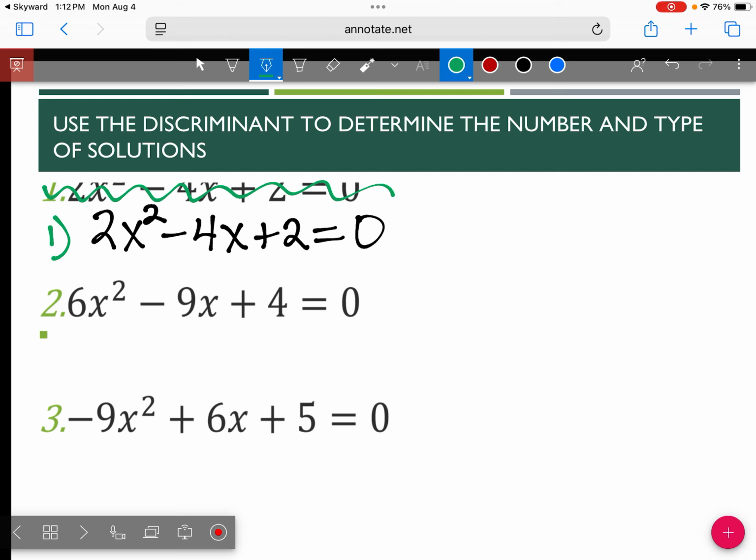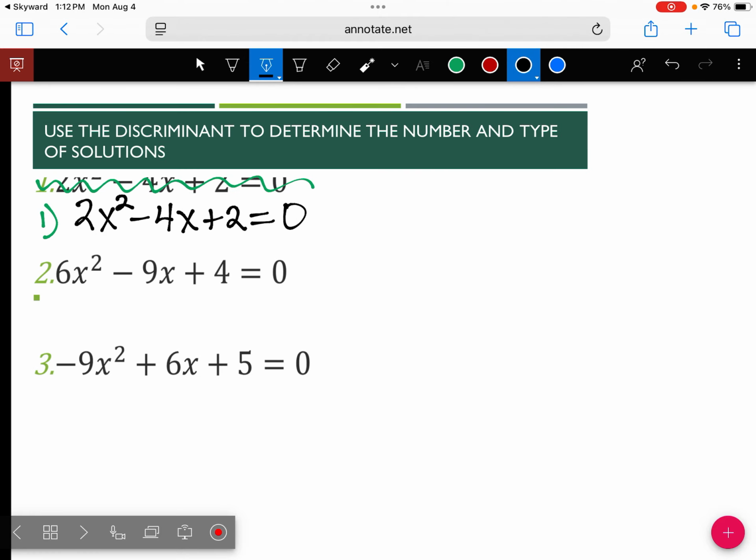So we're going to do 2x squared minus 4x plus 2. And remember, the discriminant is simply b squared minus 4ac. That's all we're going to do. We're not doing the whole quadratic formula. We have to make sure it's set equal to 0, and all of these are set equal to 0.